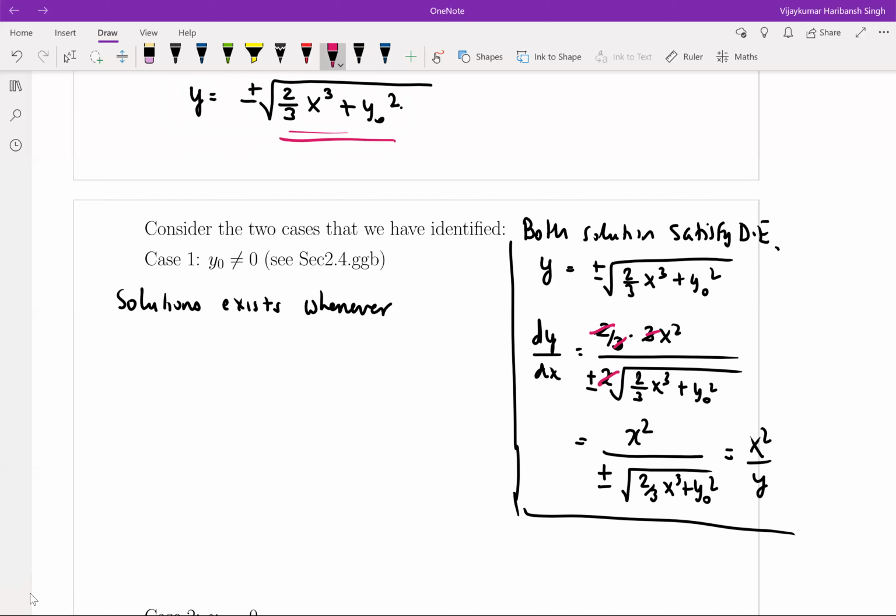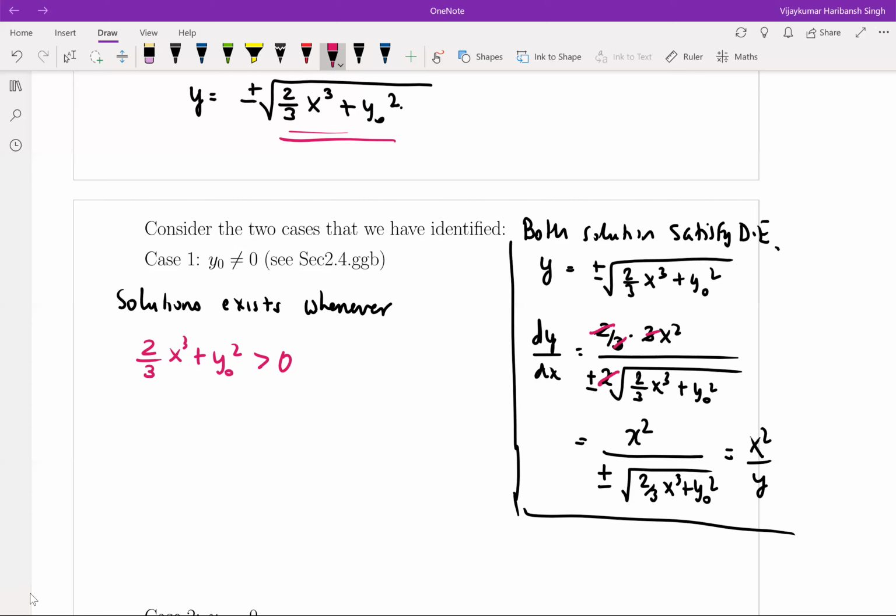That is the same as saying 2 by 3 times x cubed plus y naught squared is greater than 0. Why greater than 0? Because we have x squared by y, so not only is it defined inside the square root sign, it has to be non-zero as well.